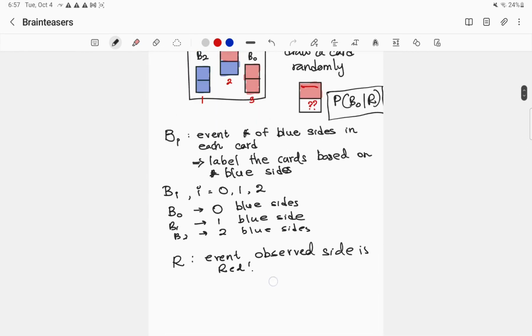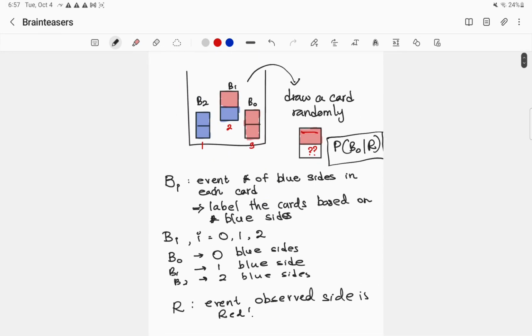Let's go to our picture. Given that there are zero blue sides, it means no blue sides and one side becomes red. So these are the two, there's only one here, right?